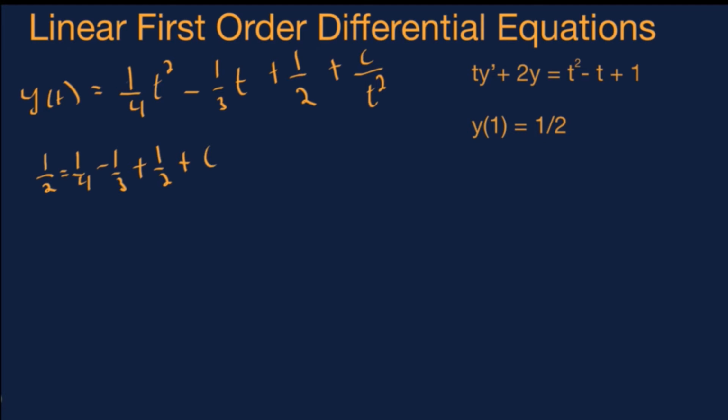Now we can solve for c. Subtract a half from both sides, that gives you 0 on this side, then add 1/3, and then subtract 1/4. 1/3 minus 1/4 is 1/12, so c is 1/12.